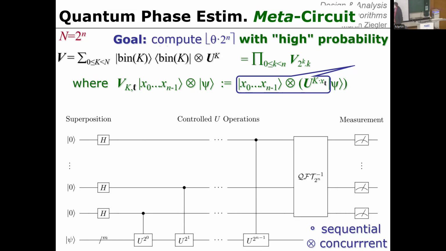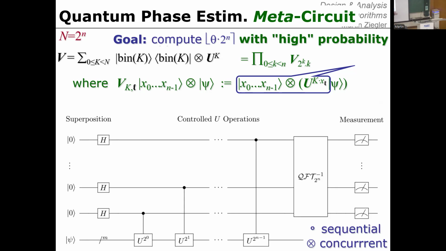That's the repeated squaring. So now you see that this involves only a polynomial number of powers of U, but still U up to exponential power.